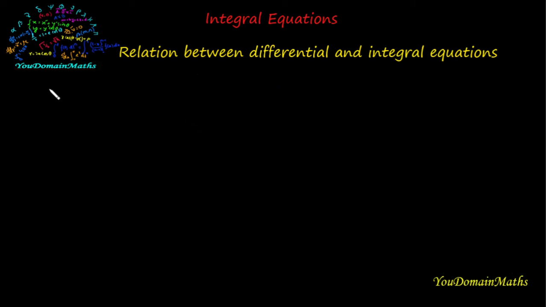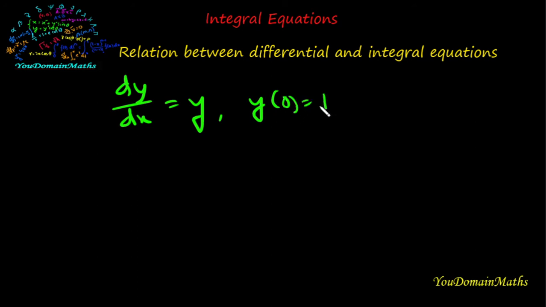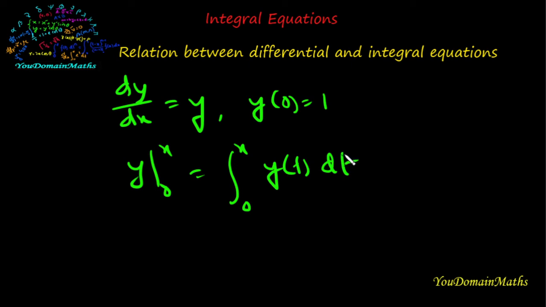Now consider a very easy differential equation, that means dy by dx equal to y, with y of 0 equal to 1 as the initial value. So integrating both sides, we get y from 0 to x equal to the integral from 0 to x of y of t dt.